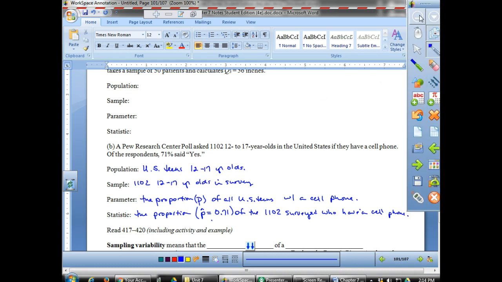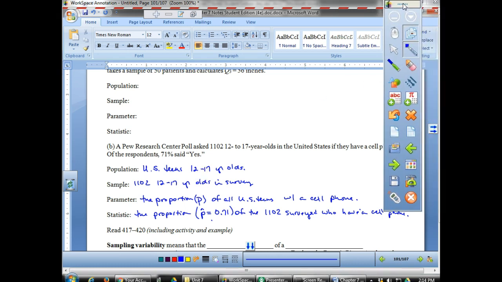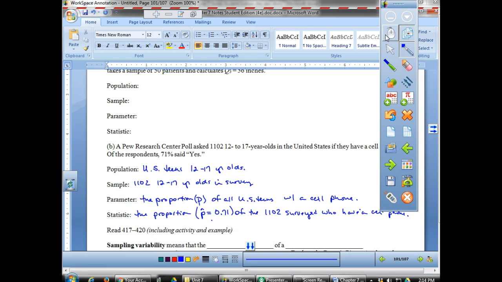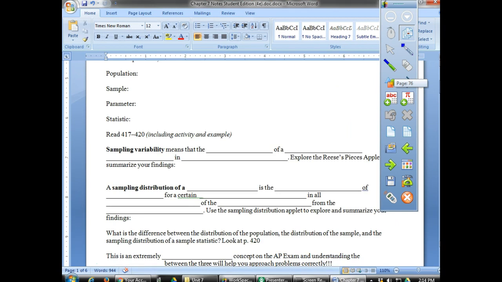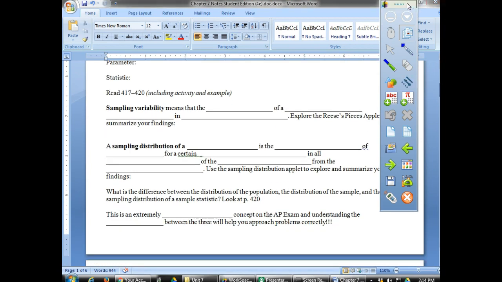So we're creating samples, and one of the things we'll do in the German tank problem tomorrow is create many samples. So let's look at what that means. What is sampling variability?